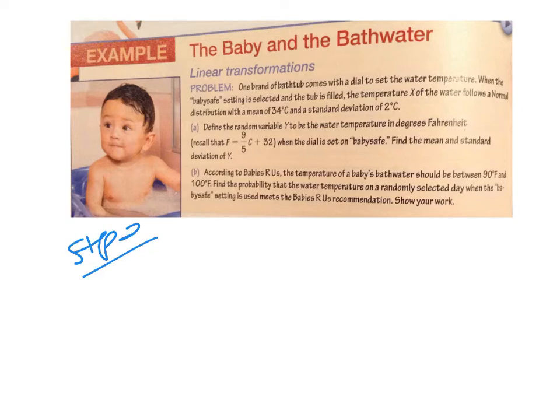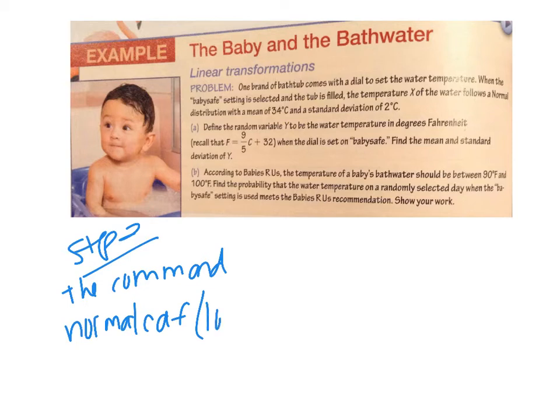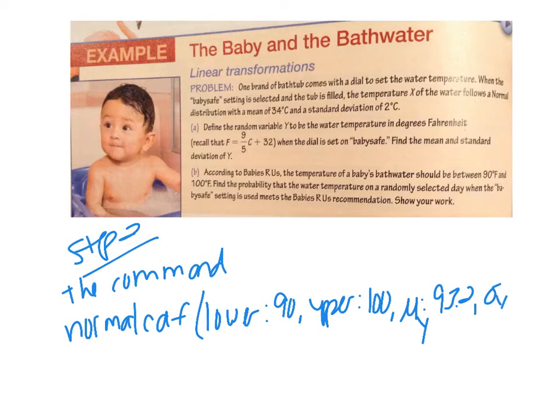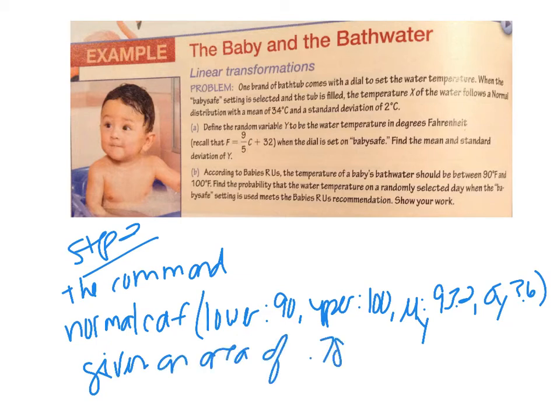If I'm doing this with my calculator and showing my work, the command is normal CDF, and I define everything: my lower is 90, my upper is 100, my mean of y is 93.2, and my standard deviation of y is 3.6. The normal CDF gives an area of 0.7835.